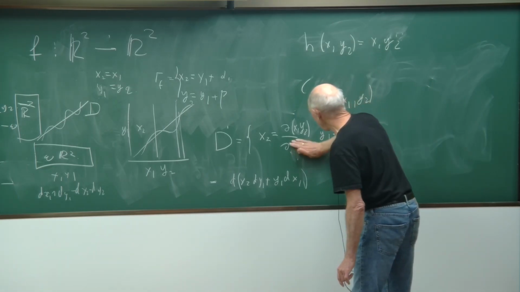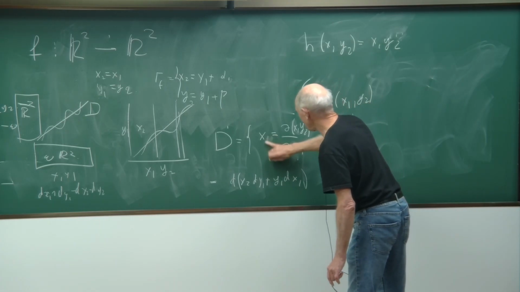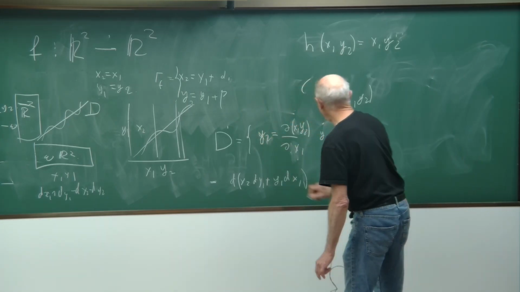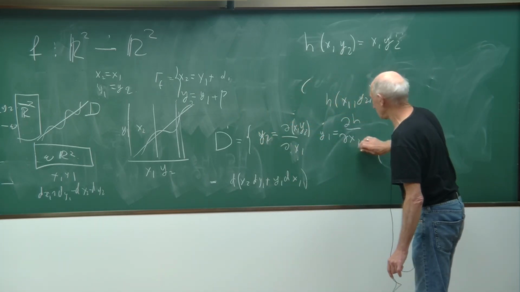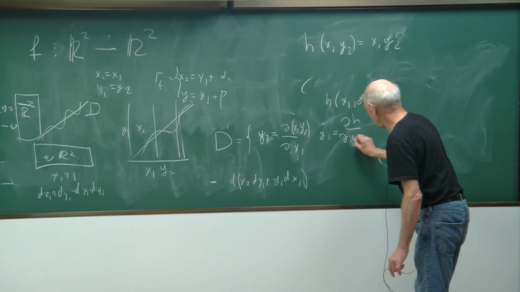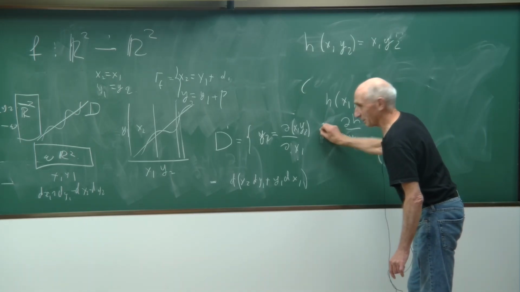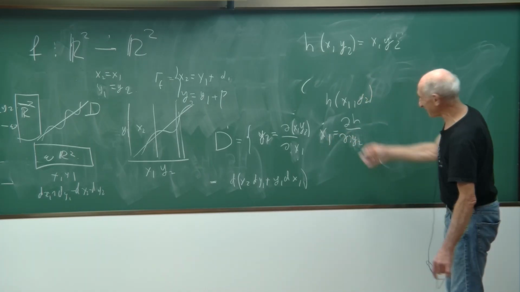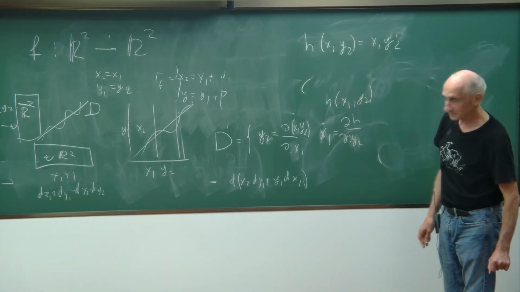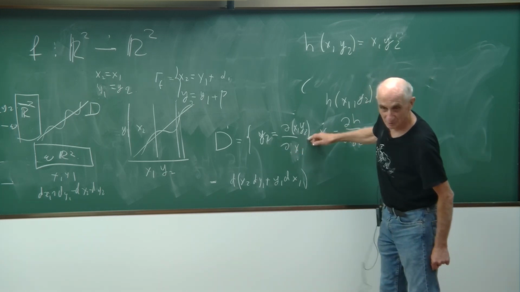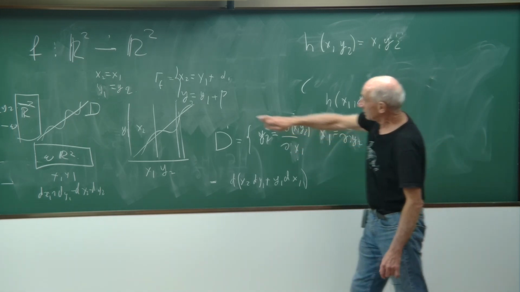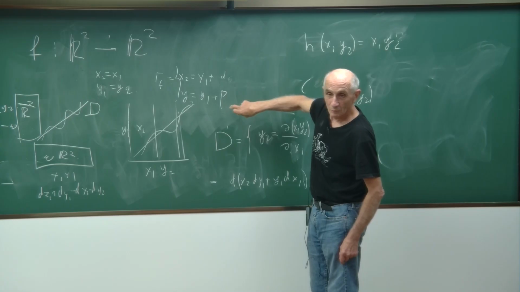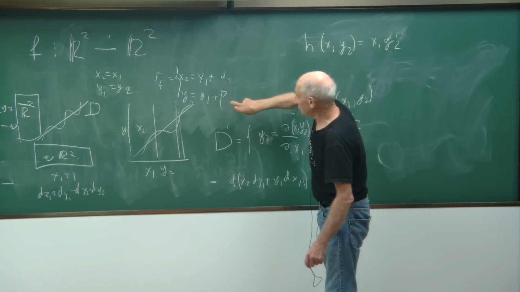So with respect to dx1, this is equal y2, and if you take dh with respect to y2, that is del x1. Okay. So you get this, right? So this is this function, and now what we get.